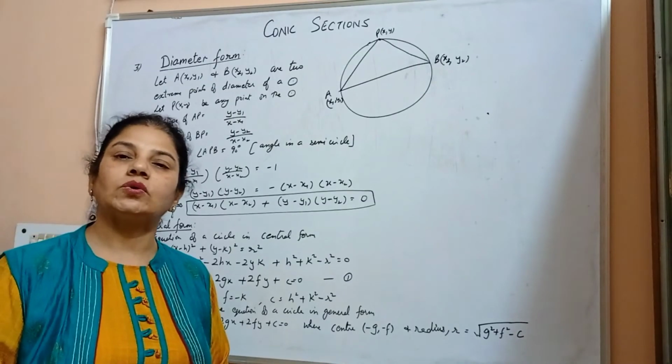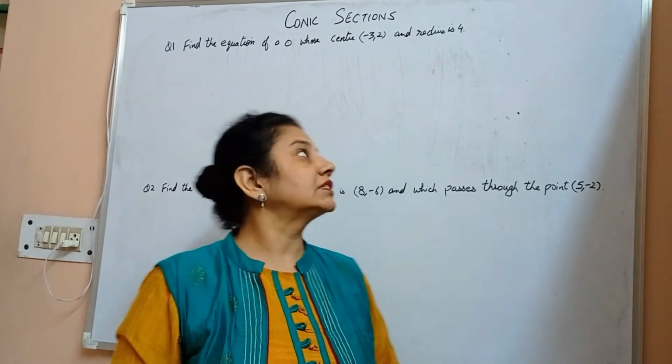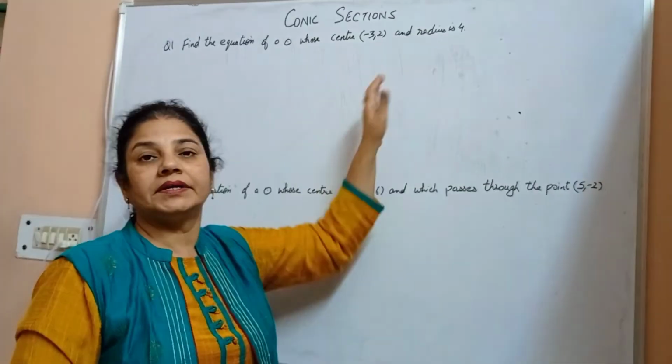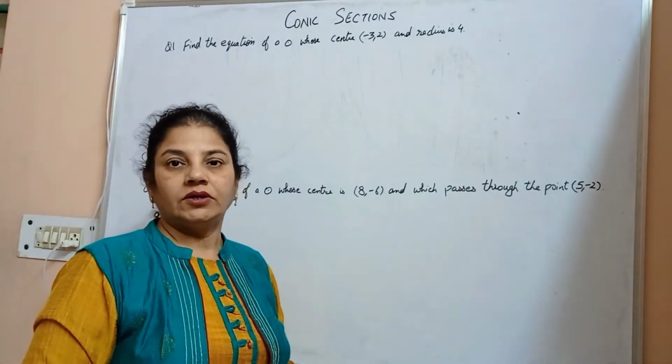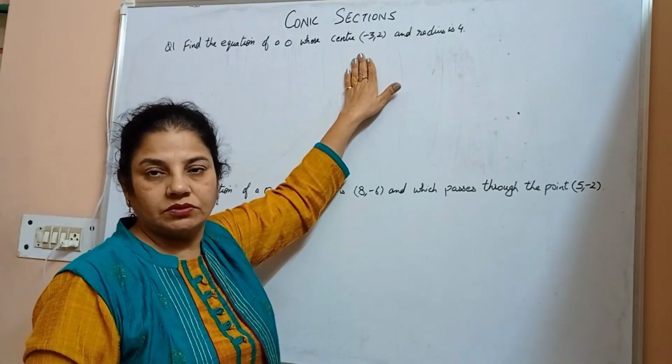Let us proceed with the numerical part. Find the equation of a circle whose center is (-3, 2) and radius is 4. Here clearly we can see that the center is (-3, 2), not (0, 0).